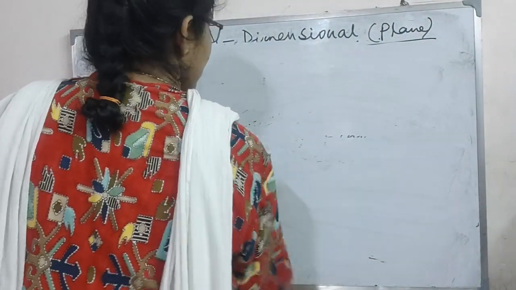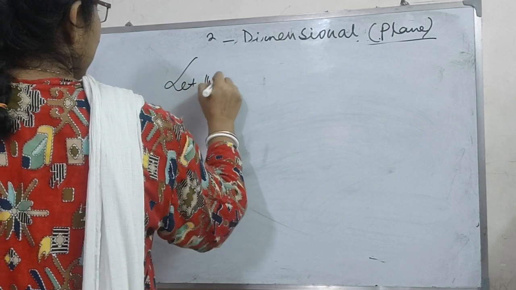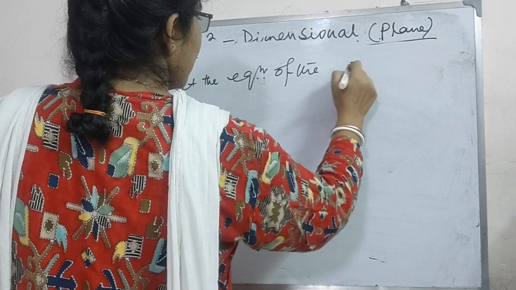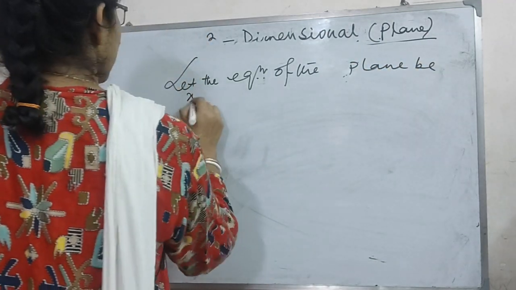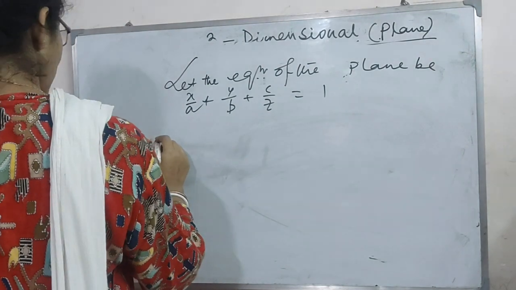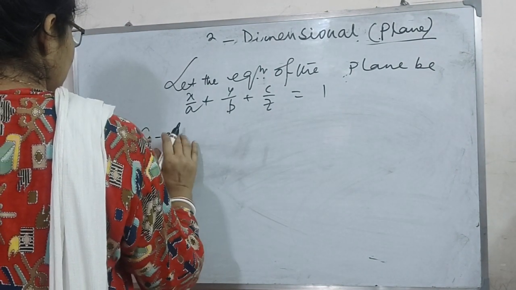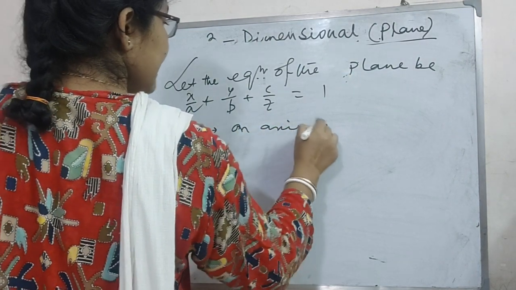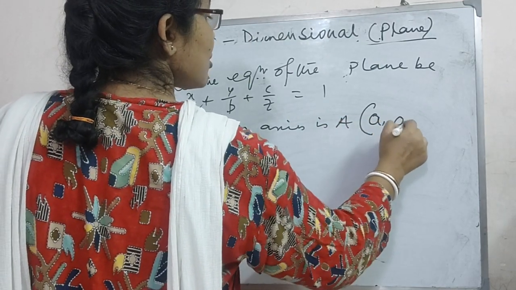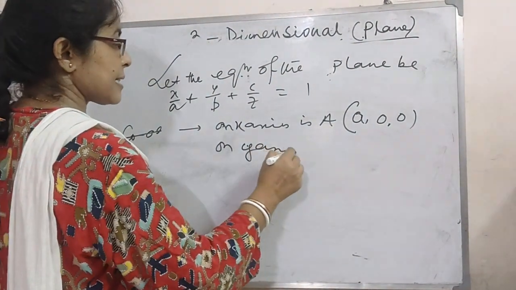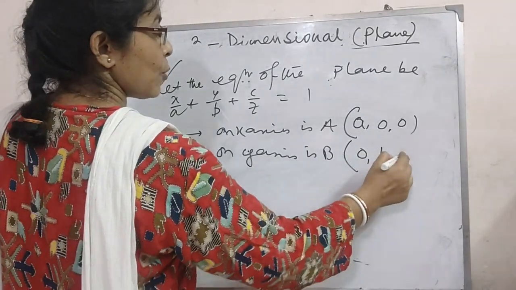Solution. Let the equation of the plane be x/a + y/b + z/c = 1. The intercept on the x axis is a, and the coordinate of A is (a, 0, 0). On the y axis it is b, the coordinate of B is (0, b, 0).